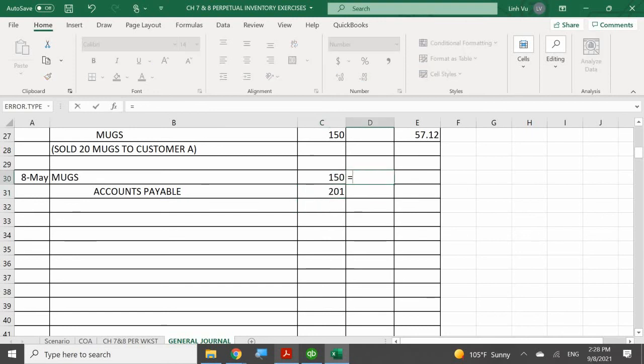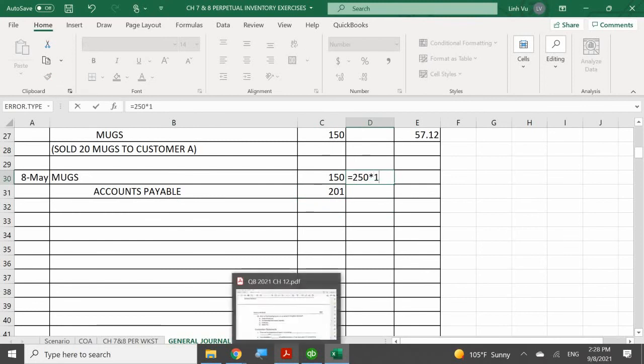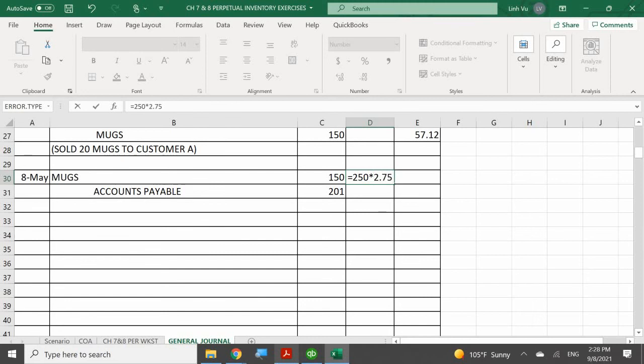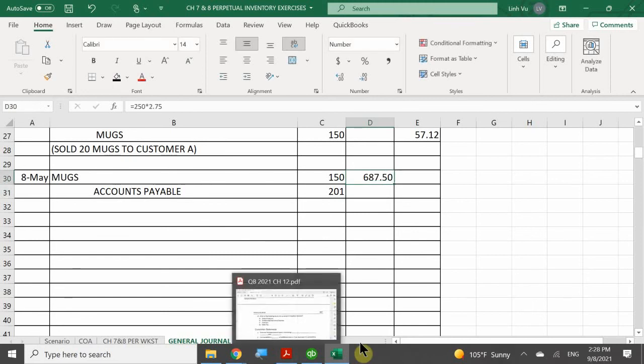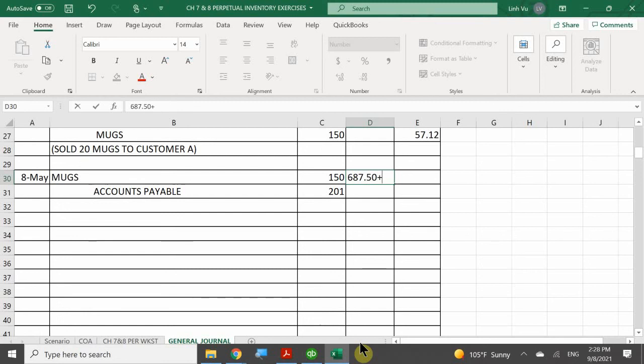Okay, so how much was the total amount? We bought 250 at $2.75 each, so 687.50 plus 50 is 737.50. Yes.